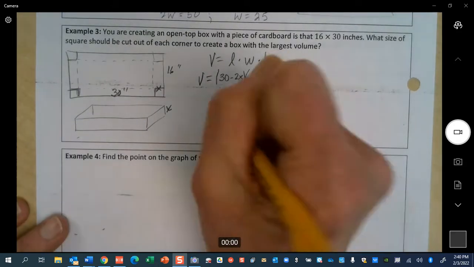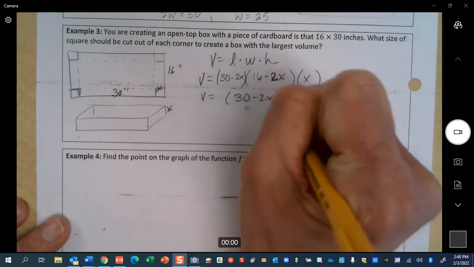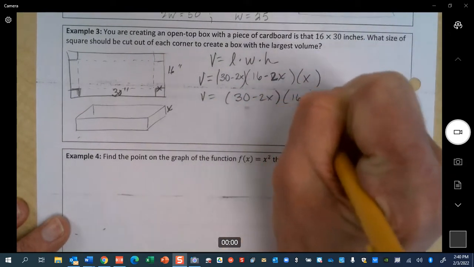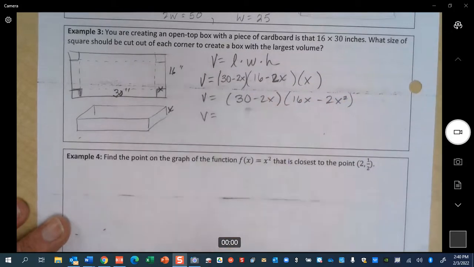So we can simplify this in stages. Volume is equal to 30 minus 2x, we can call this 16x minus 2x squared, and then you can FOIL that together. Take a minute and do that with your group mates.